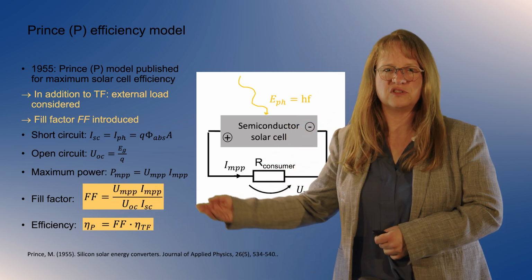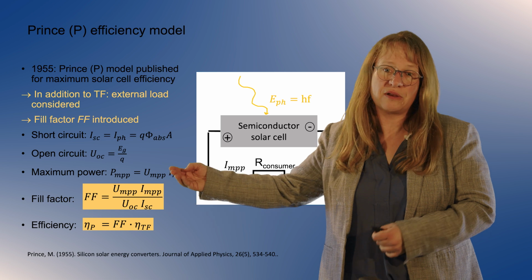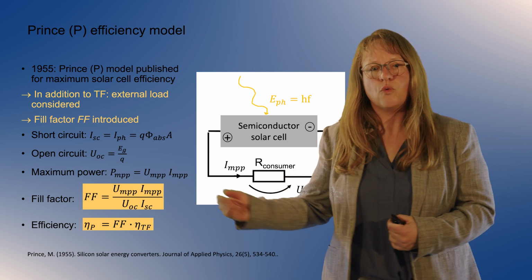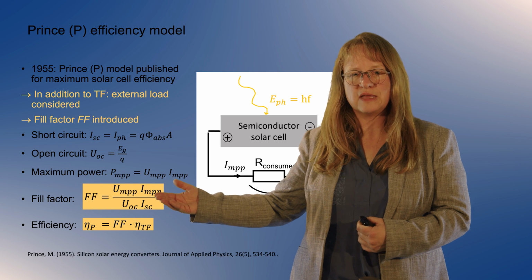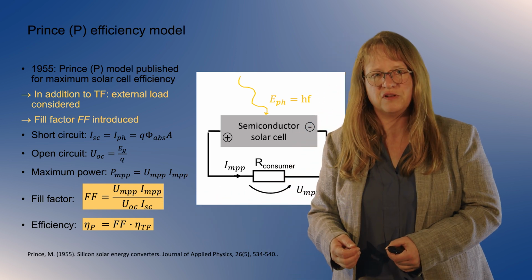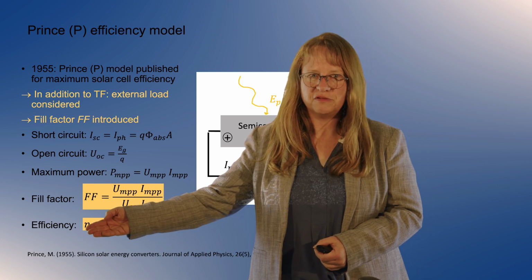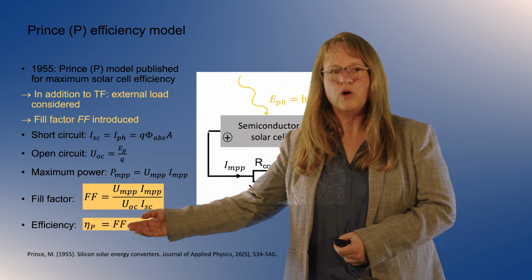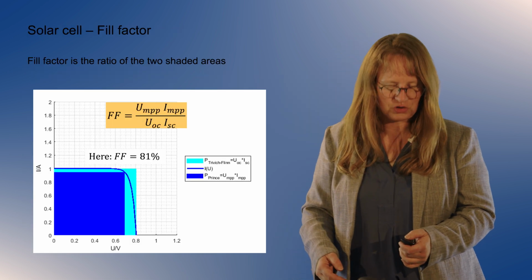So the fill factor is the ratio of this kind of correction factor to the Trivich and Flinn model, what needs to be considered in addition to the effects considered by Trivich and Flinn. And so the efficiency following Prince is the Trivich and Flinn eta multiplied by the fill factor.